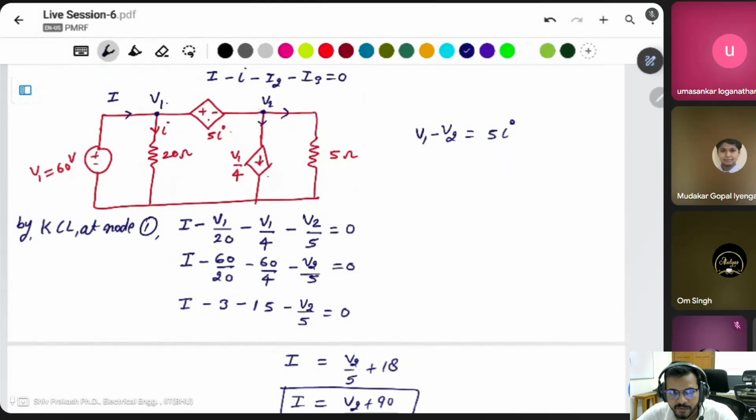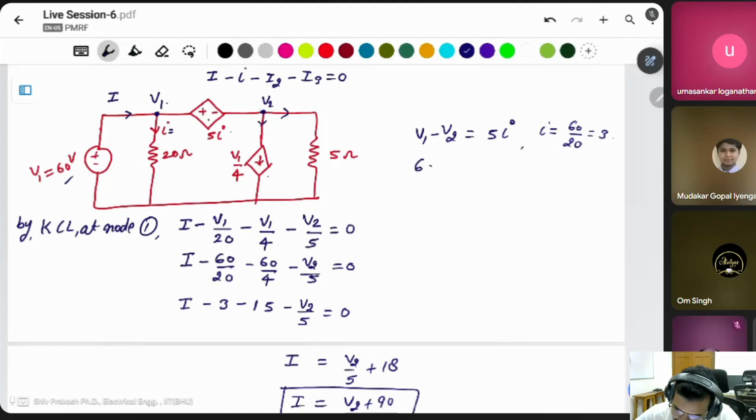Between the two terminals the voltage is given as 5I. Then what is the I? This resistor is directly connected in parallel with the 60 volt voltage source. So you can say directly I is equal to the voltage source 60 divided by the 20 resistor, which is 3 ampere.